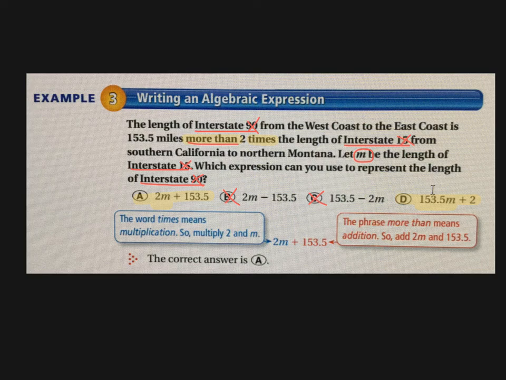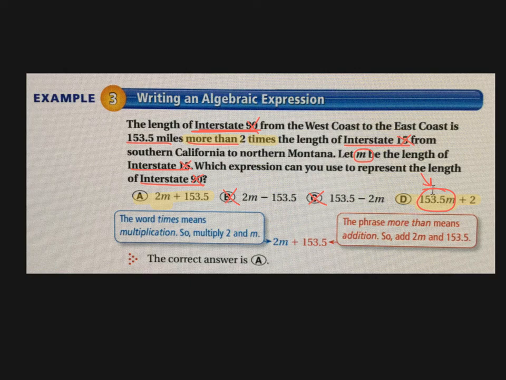If I multiply 153 times m, which m ends up being the length of Interstate 15, would that make any sense, to multiply 153.5, which happens to be Interstate 90's length, times the length of Interstate 15? No, not at all.